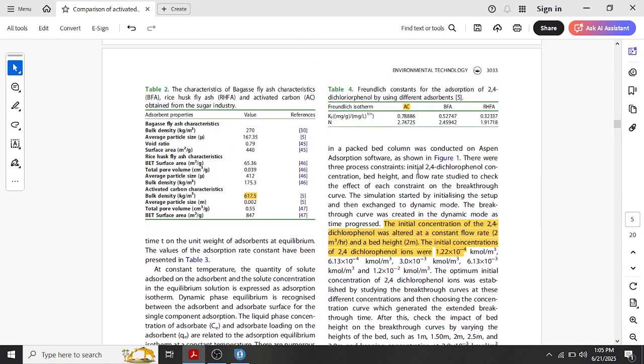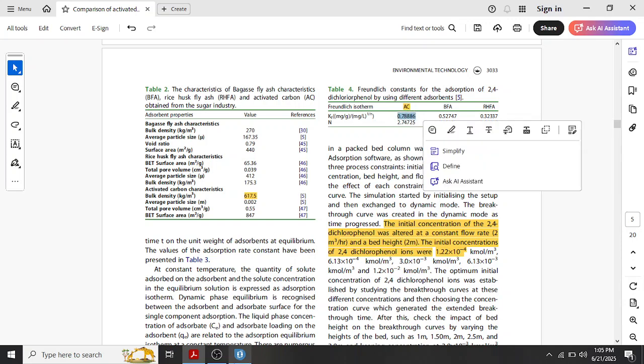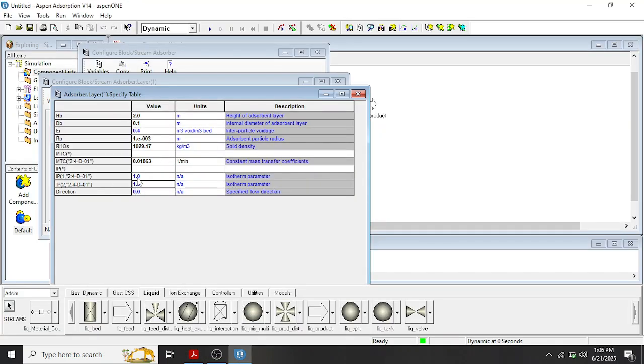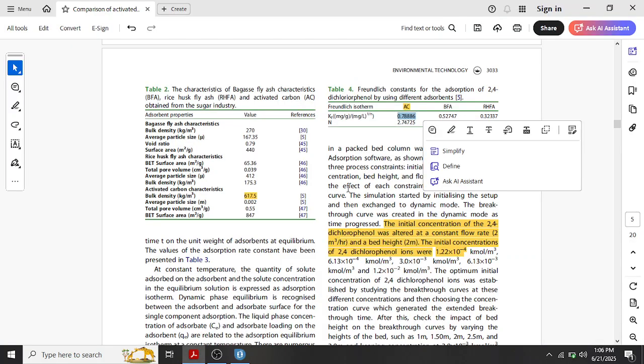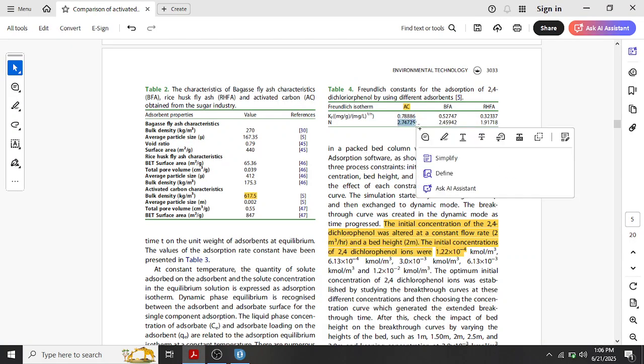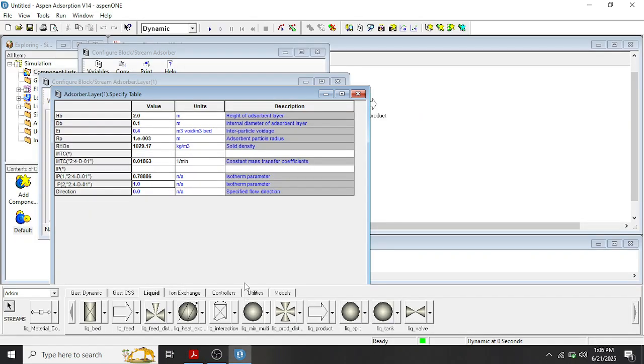For other adsorbents like rice husk and fly ash, the values are these ones, but for activated carbon the values are this one. We will copy the Freundlich constant, and this is isotherm parameter number 1. And isotherm parameter number 2 is this one.